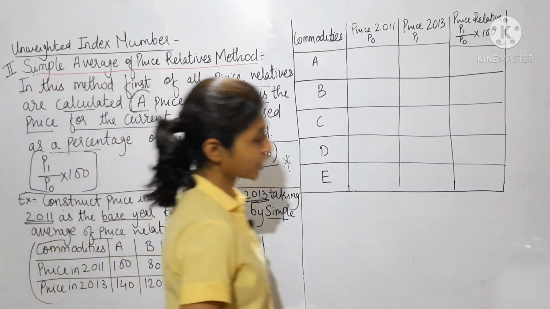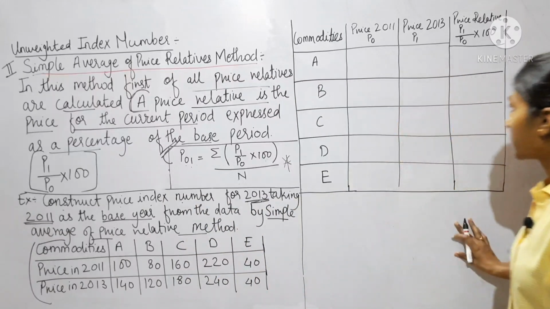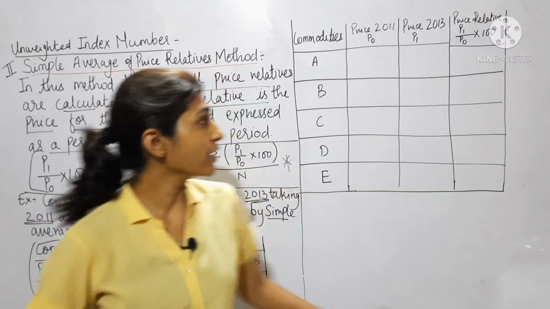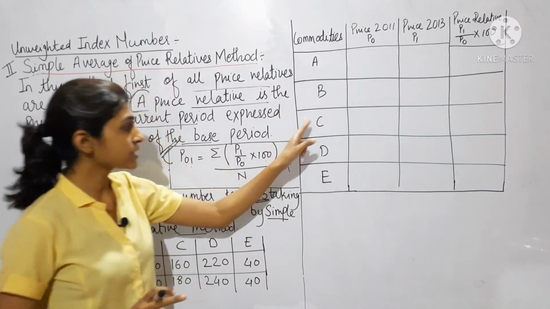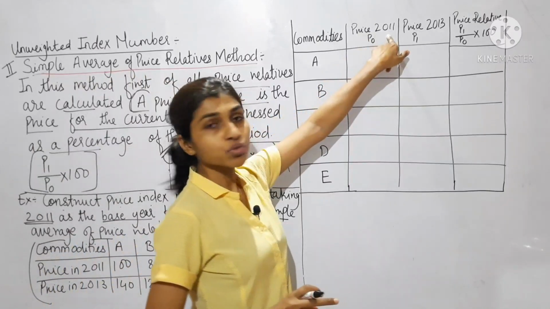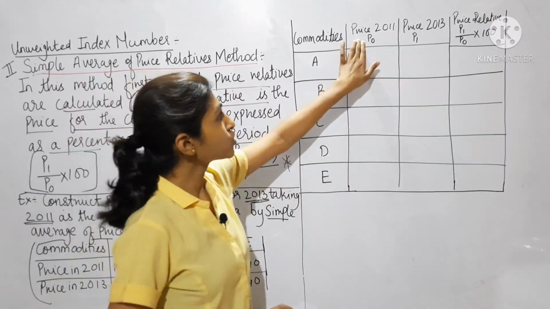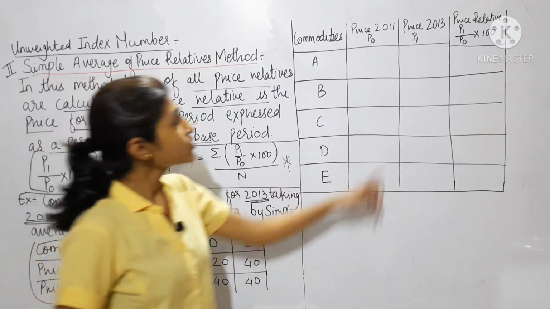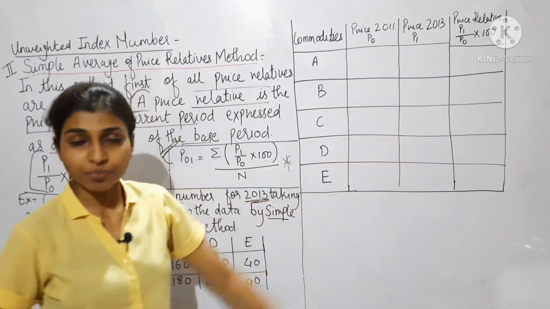Now the solution. Prepare this table with 4 columns. In the first column, commodities A, B, C, D, E. Next will be price in 2011. In the question they have said that 2011 is the base year, so we denote it as P0.